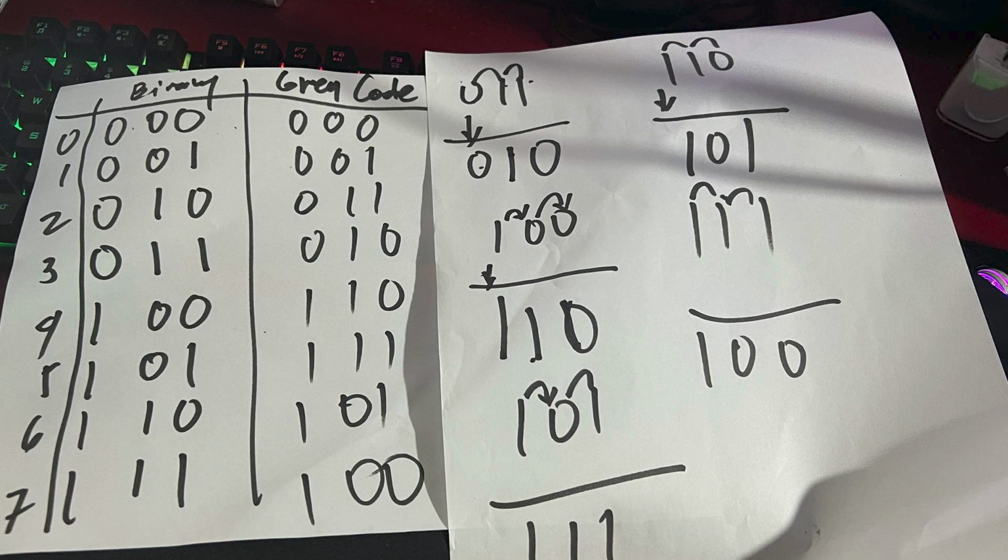Sorry, nalito ako sa ibang code to. So ang mangyayari niyan, bring down 0. 0 plus 1 is 1. 1 plus 1 is 0. So ito yung pina-plus. Sorry. So 010. So pag ito, bring down 1. 1 plus 0 is 1. 0 plus 0 is 0.